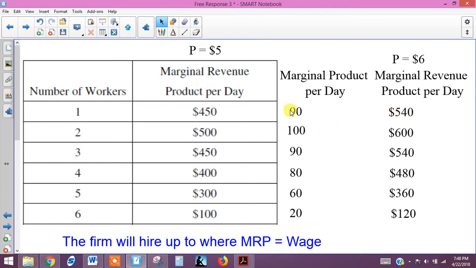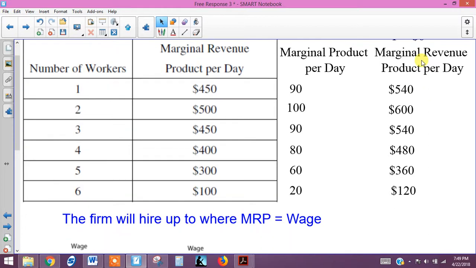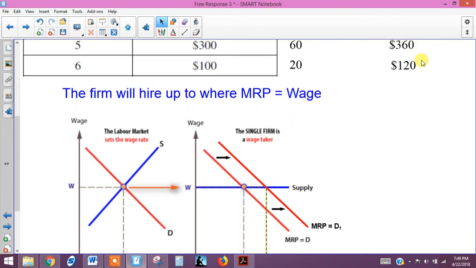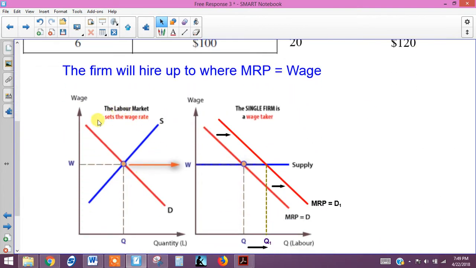So instead of multiplying the marginal product by $5 to get the marginal revenue product per day, we're going to multiply by 6. The marginal revenue product is the firm's demand curve for labor, and we can see what's happening here. The demand curve is actually shifting out to the right with this higher price, and we can show that right here. This is what the labor market looks like in the market, and this is the individual firm.